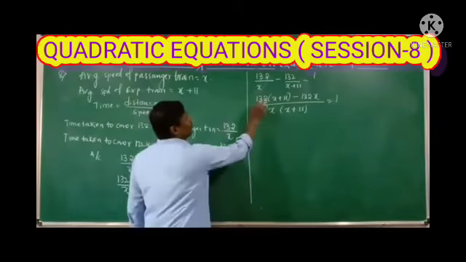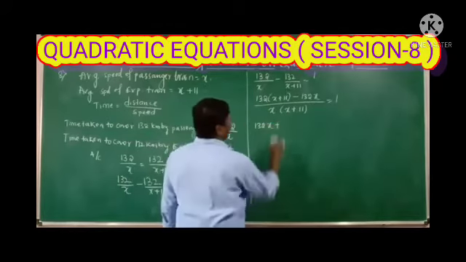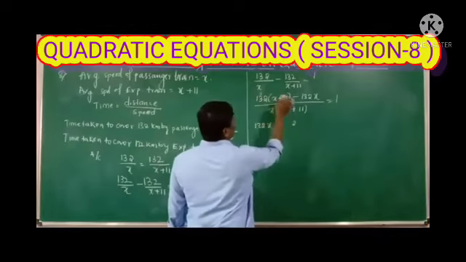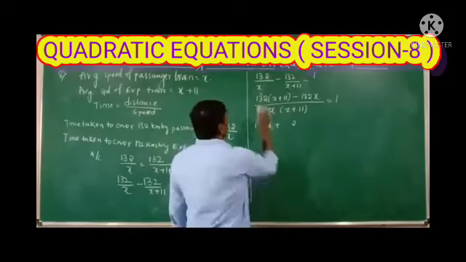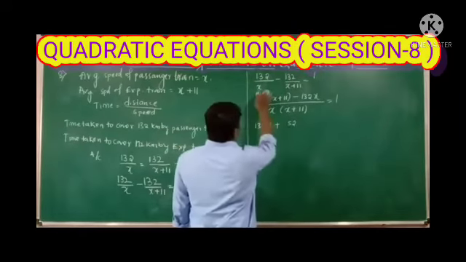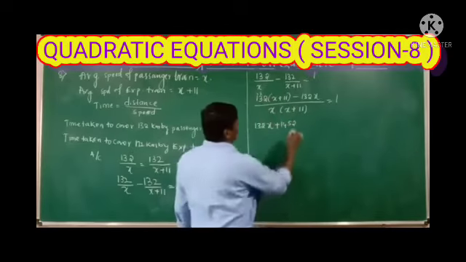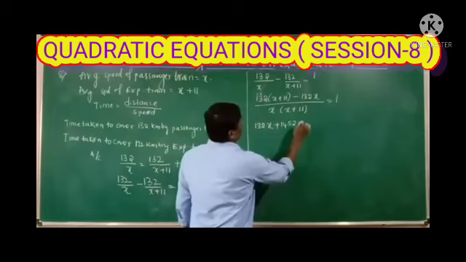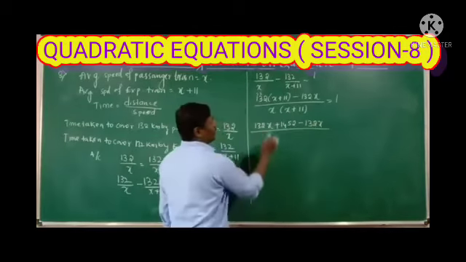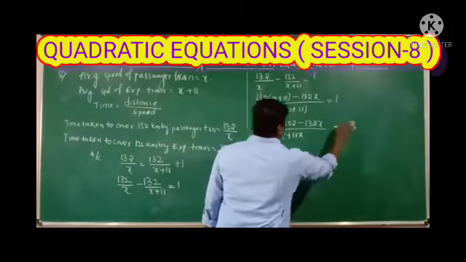Now 132 into x plus 11 into 132: 11 2s are 22, carry 2, 11 3s are 33, 33 plus 2 is 35, carry 3, 11 1s are 11 plus 3 is 14, okay, minus 132x, whole divided by x into x is x square plus 11x, which is equal to 1.